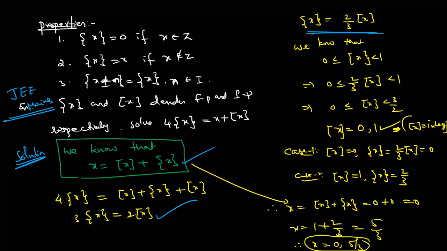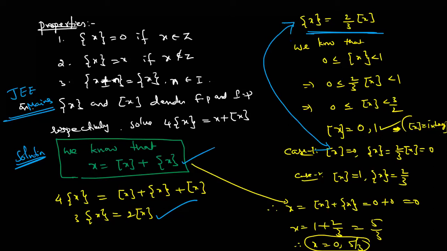We know the fraction part of x lies between 0 and 1. So multiply by 3 by 2. The integral part of x means an integer. What integers are possible between 0 and 3 by 2? 0 is possible, 1 is possible, but 2 is not possible. So 0 or 1. If you know the integral part of x, we can find the fraction part of x. This is the relation.